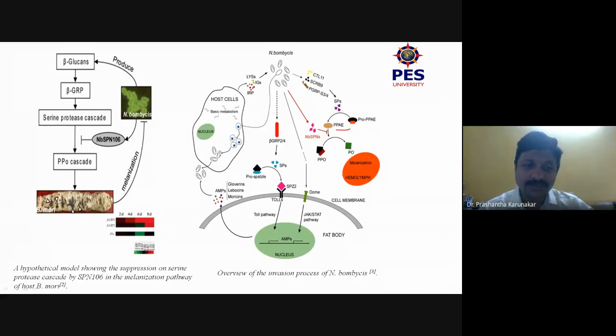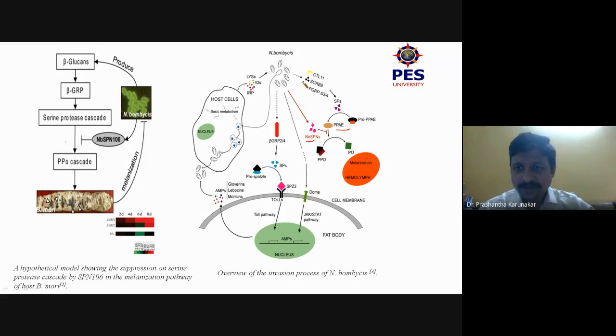It helps in increasing immune system activity. But because of this inhibition by the Nosema bombycis serine protease inhibitor, SPN, the melanization process is inhibited. Because of that, the immune system becomes very weak, and the pathogen enters and multiplies inside the silkworm.